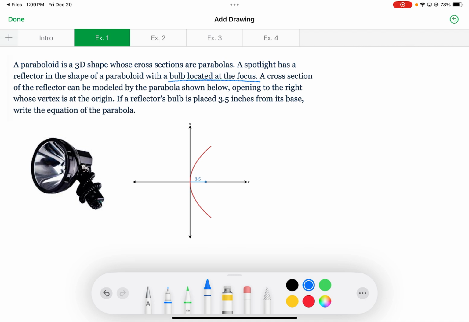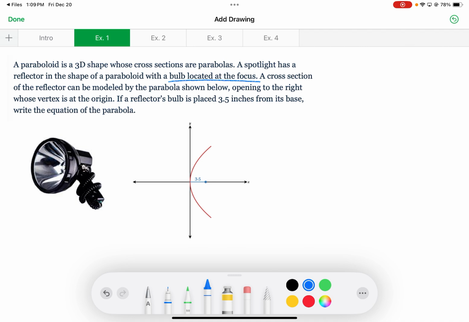They have it positioned opening to the right with the vertex at the origin. Nice to put it at the origin so that we don't have to mess around with different H and K values. The reflector's bulb is placed 3.5 inches from its base. What's the equation of the parabola?